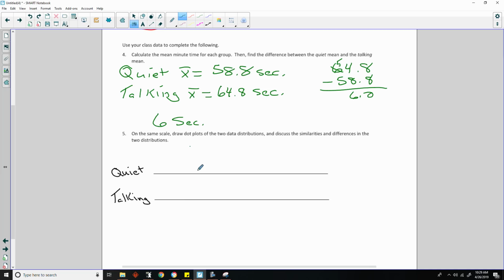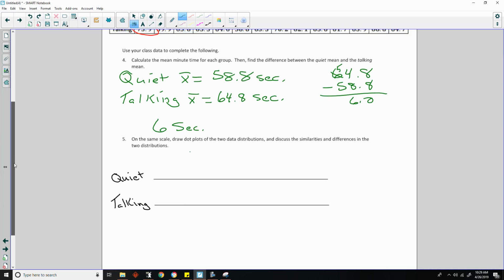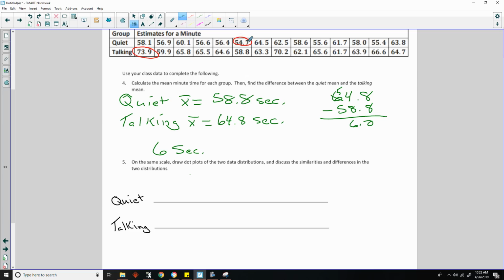I'm going to start with my lowest value, 54, and go in increments of 1 because of our data. Since it's 58.1, it can go in between. That's why we want units of 1 on our scale. So 58.1 would just be to the right of 58, and so on.